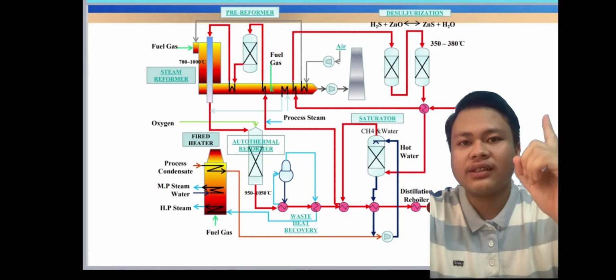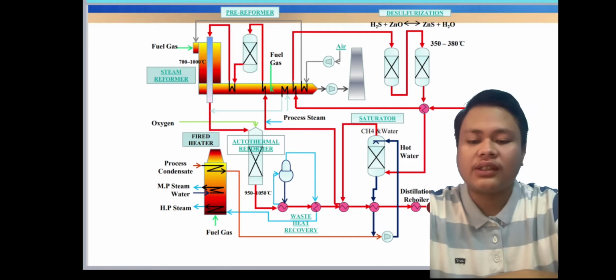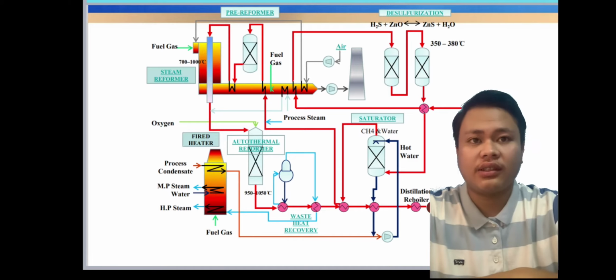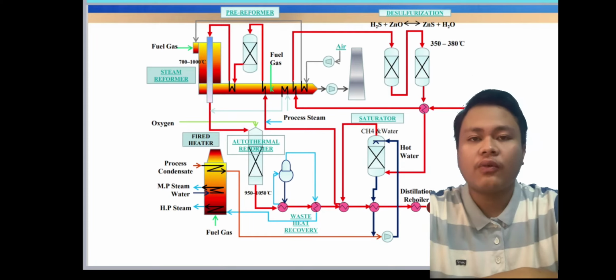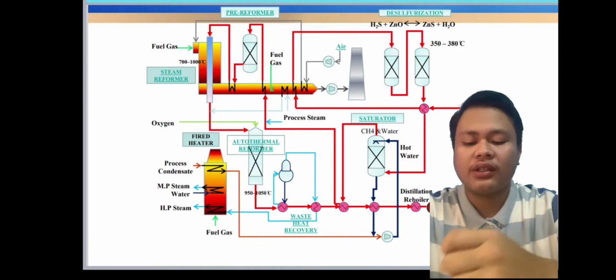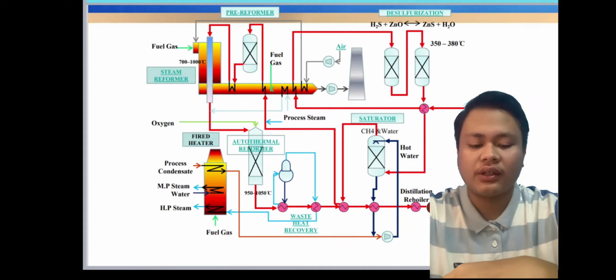As you look at this, it is a flow diagram of synthesis gas, Syngas generation. In this flow, we have three sections. Syngas is the first product. We have natural gas as our feed. It goes to the desulphurization, and after that to the saturator.